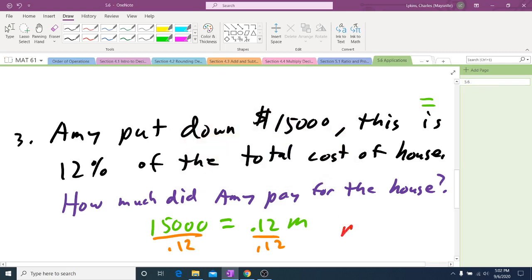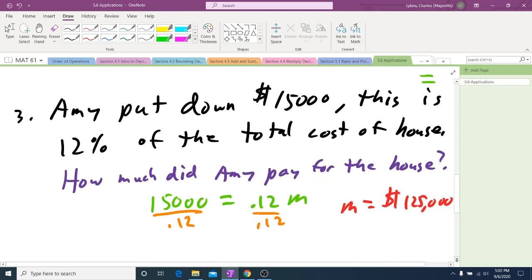If you do this in your calculator, you should get 125,000. That's how much the cost of the house was. And you can always go back and multiply it by 0.12, and that should give you the down payment. It's kind of reversing it.